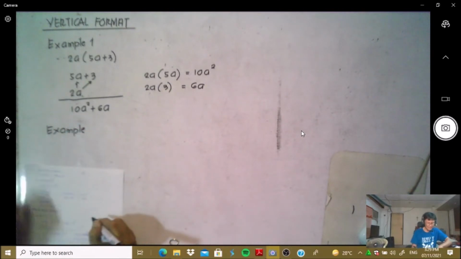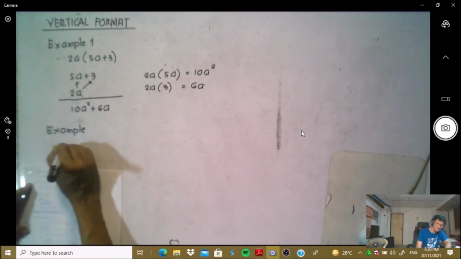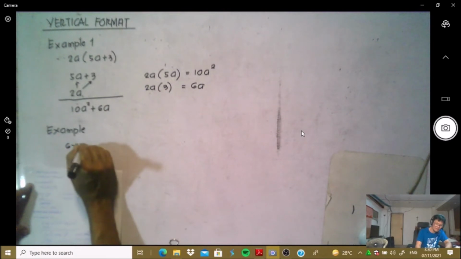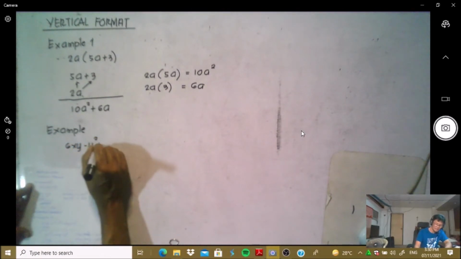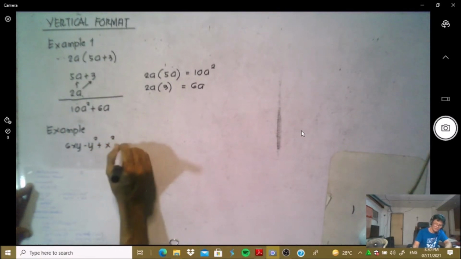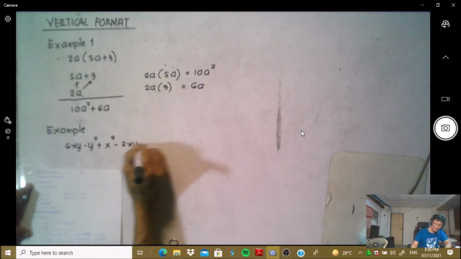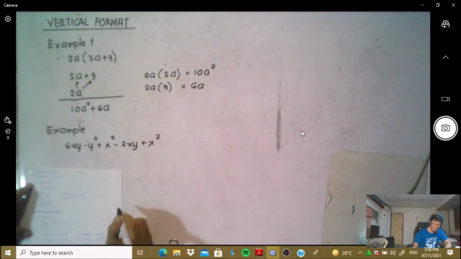Okay, for our second example, we have example 2. Okay, so we have 6xy minus y squared plus x squared minus 2xy plus x squared to be multiplied with 3xy.